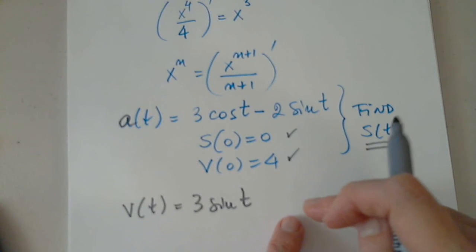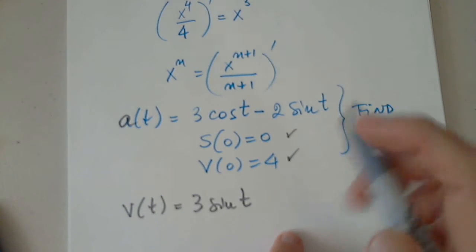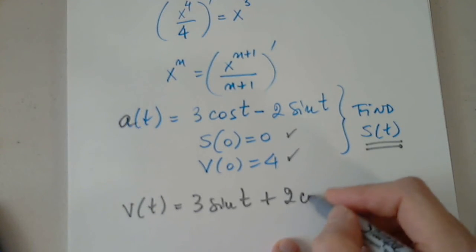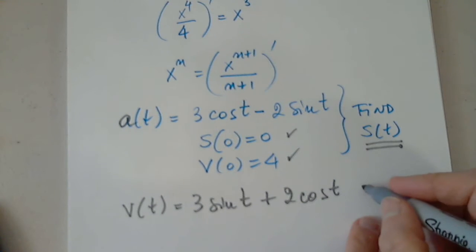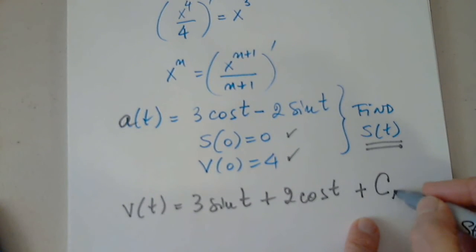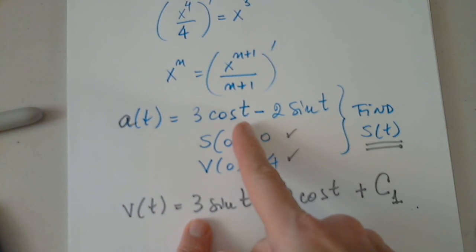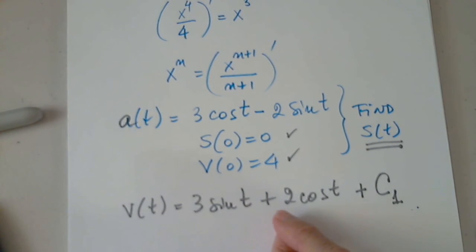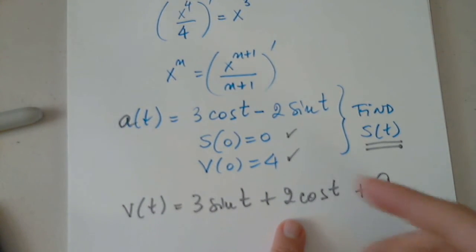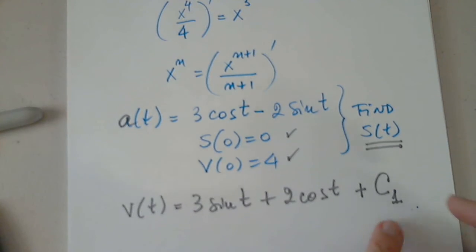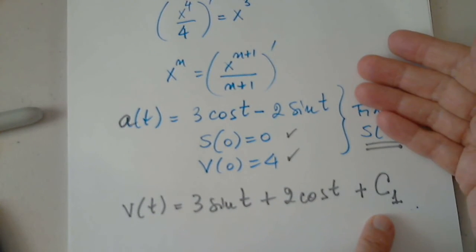Now I have to find the function whose derivative is this, so this will be plus 2 cosine t, and plus a constant that I will call c1. Let's stop for a moment and check. 3 sine prime is 3 cosine, yes. Positive 2 cosine prime, yes, is negative 2 sine t, and c1 prime is 0.